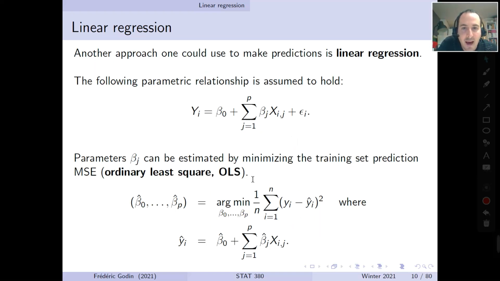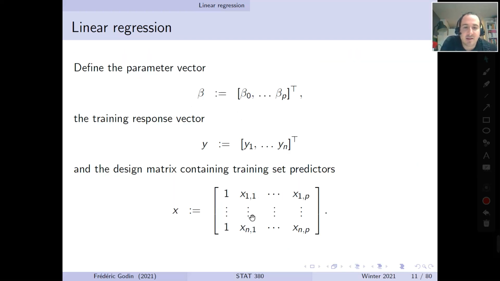So if we go back, having beta 0 is simply equivalent to writing beta 0 times 1, so as to assume that there's a predictor also associated to beta 0, which is always equal to 1 for all observations. So here X represents what we call the design matrix, which contains all predictors for all observations, where each row represents an observation and each column represents a predictor.